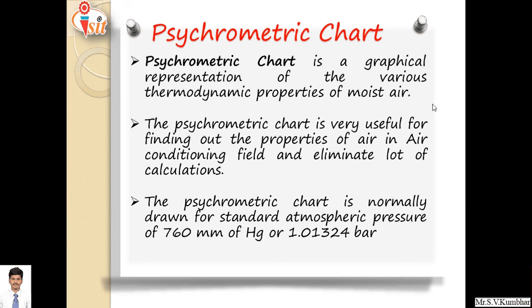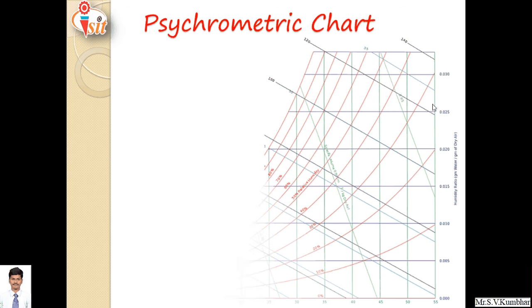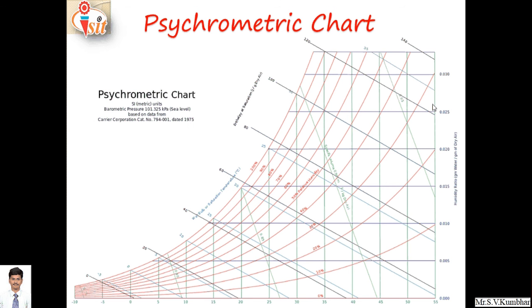The psychrometric chart is normally drawn for standard atmospheric pressure of 760 mm of Hg or 1.01324 bar. So this is the psychrometric chart.